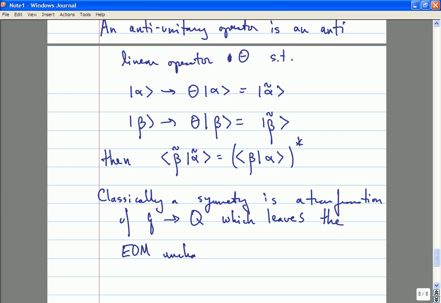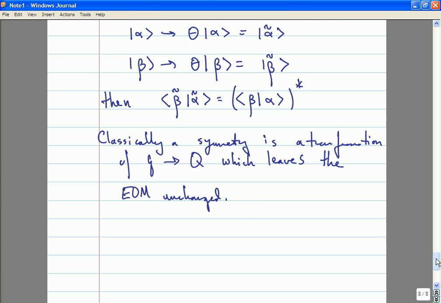For example, a translation, x to x plus a constant, leaves the equations of motion of Newtonian mechanics unchanged because the equations of motion of Newtonian mechanics involve only the second derivative of x. That's another way of saying that if I take a laboratory and move it all 10 feet to the left, then the laws of physics as measured by that laboratory won't change.